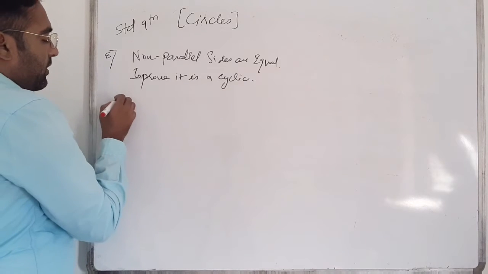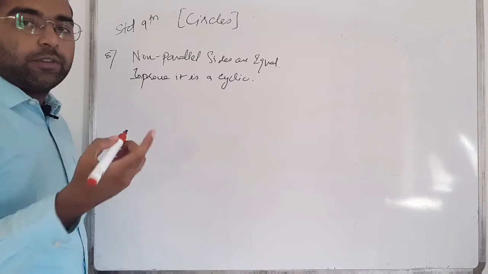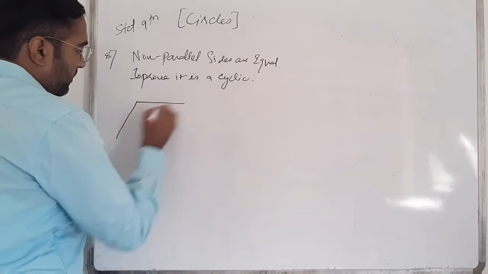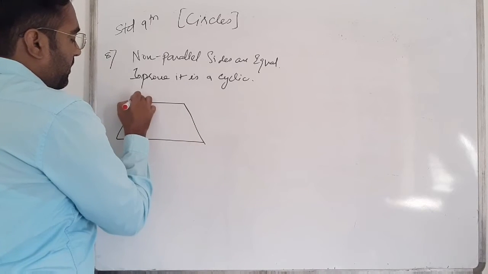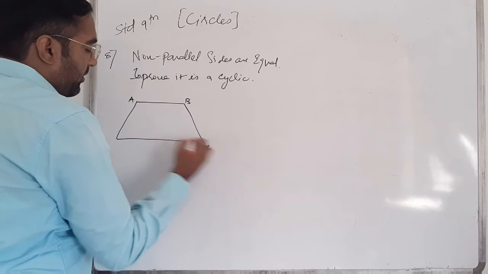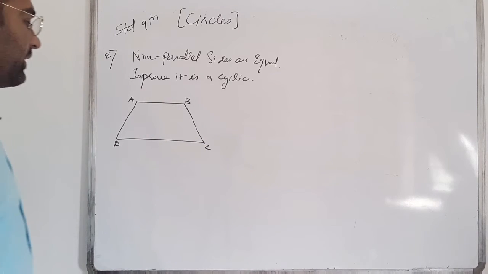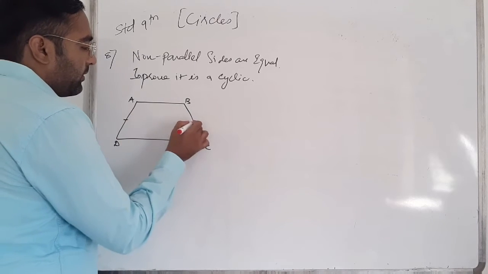Here I have to first draw the trapezium. ABCD is a trapezium. Clear? The non-parallel sides, AD and BC, are equal as given.